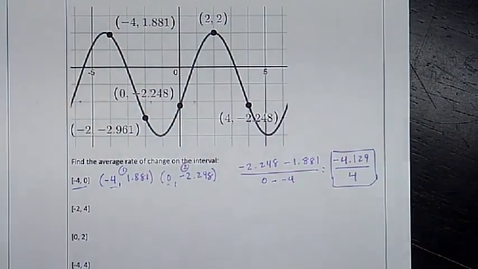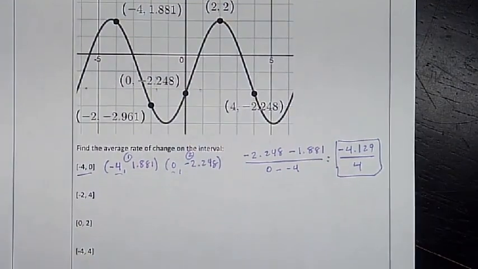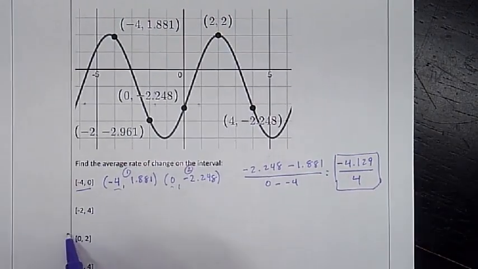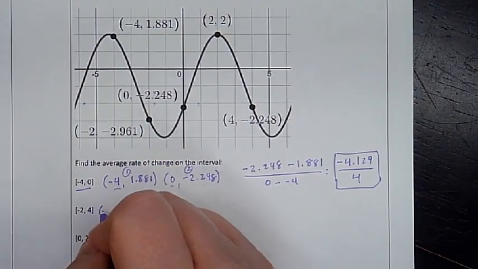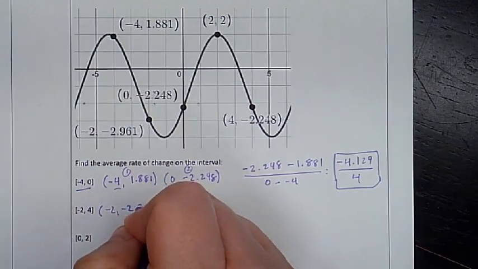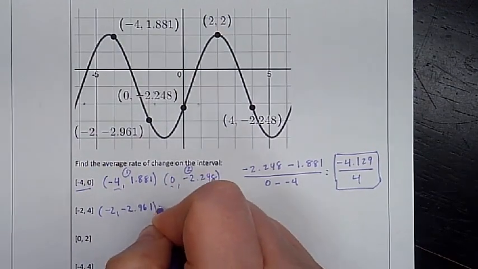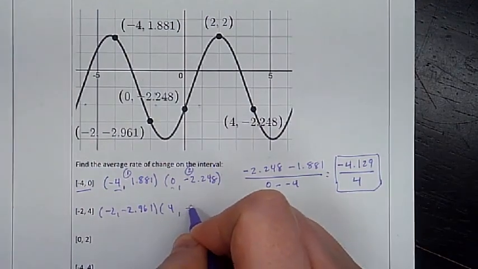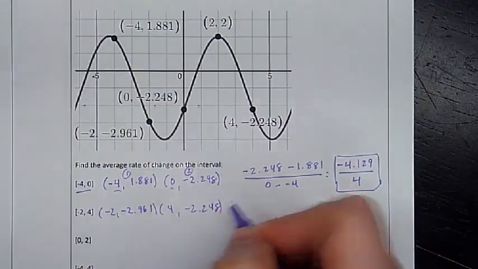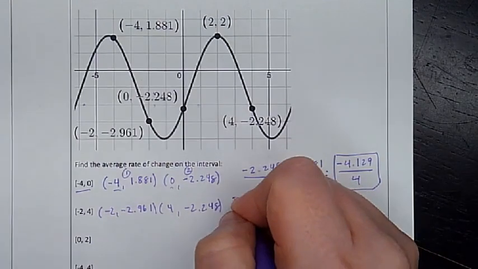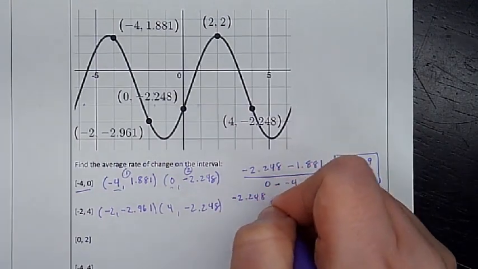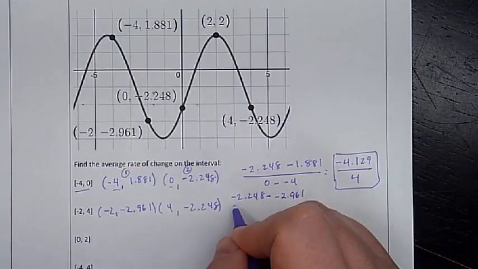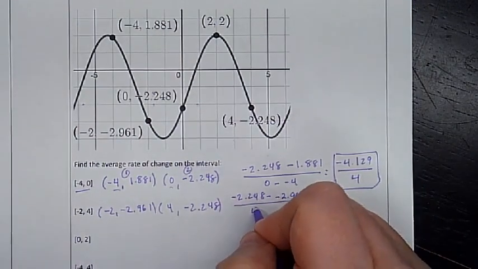Now I'm going to follow with the rest of these in the same manner. -2 to 4 means that I'm using -2, -2.961, and for 4, -2.248. Do my setup, -2.248 minus -2.961 over 4 minus -2.